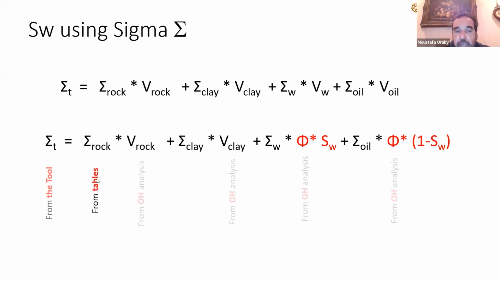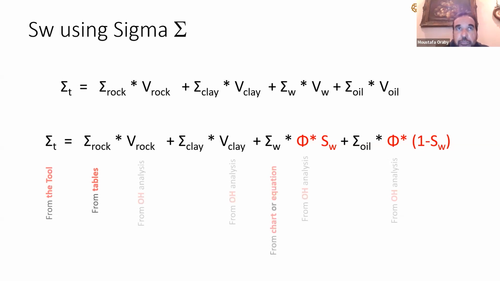Okay, all right. So how can I get the sigma rock? Well, it is tabulated. Limestone sigma is known, sandstone sigma is known, dolomite sigma is known. How about the sigma water? Well, sigma water is a function of how much chlorine you have. If you tell me the salinity of your water, I can tell you what the sigma water is.